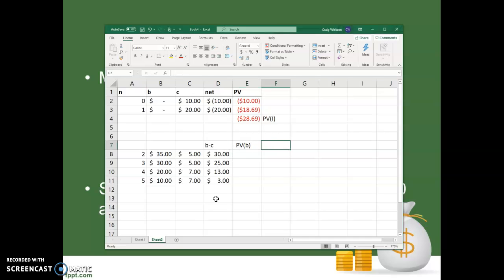I've already combined them into one column, and all I need to do is find the present value of benefits minus cost. I'll put the little apostrophe after it to be consistent with what the book uses. Okay, so this is going to be equal to the present value of, again, using a 7% rate. Number of periods is the n value, and the future value is here.